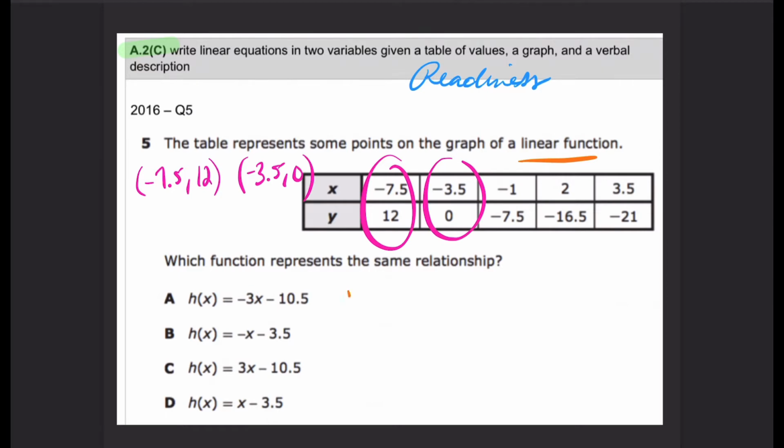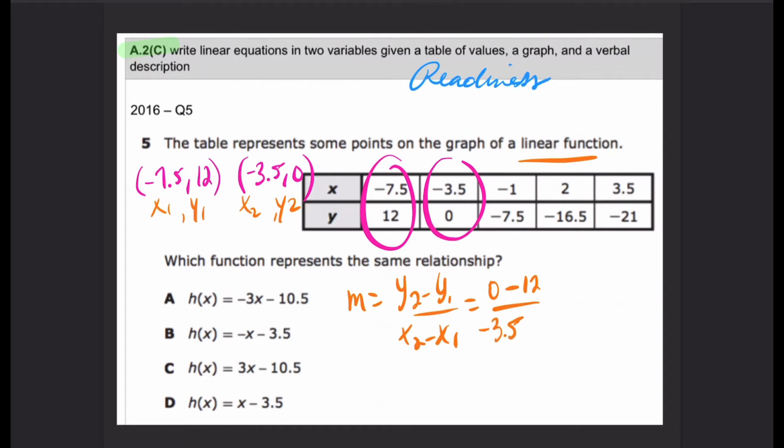I'm going to use my slope formula from the formula chart. But first I'm going to label my points x1 comma y1, x2 comma y2. So if I substitute, I will get 0 minus the y1, which is 12, all over the x2, which is negative 3.5, minus the x1, which is negative 7.5.